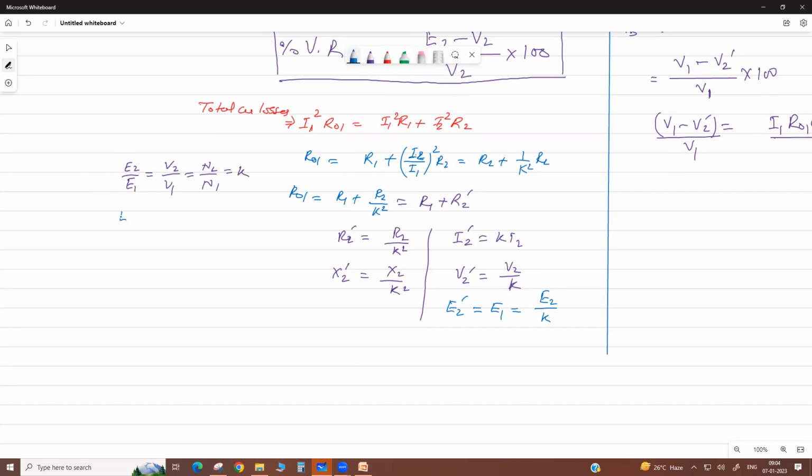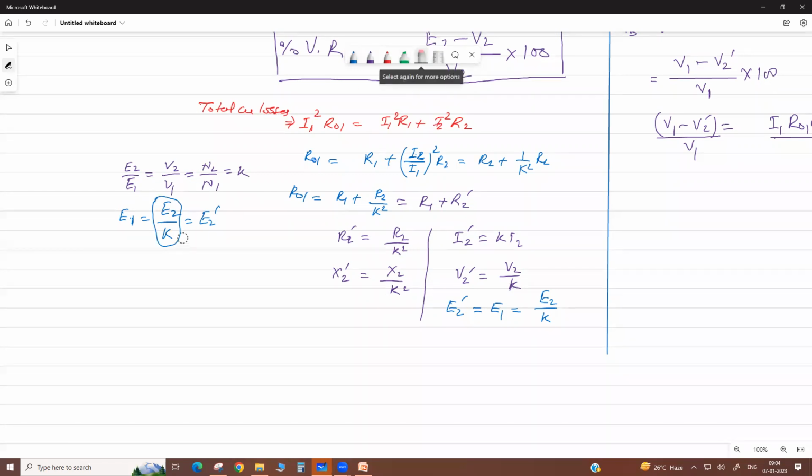If we calculate E1, from this equation E1 equals E2 by K. E2 by K is E2 dash. It means E1 equals E2 dash. So this is your E2 by K, meaning E2 dash.